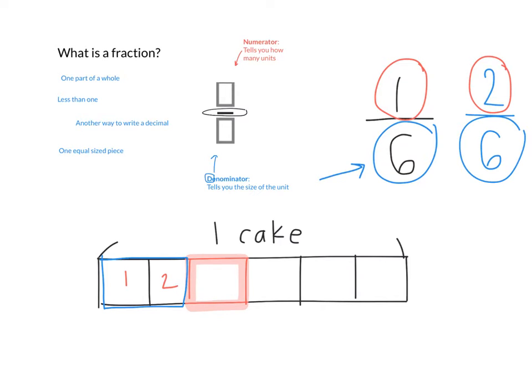Okay? Another term we're going to see a lot is the term unit fraction. A unit fraction is any fraction that's exactly one of the unit. So for example, if I have 1/2, I have exactly one piece. And how big is each piece? 1/2. Good, a half. Another unit fraction is 1/3. That means I have exactly one piece, and each piece is a third.